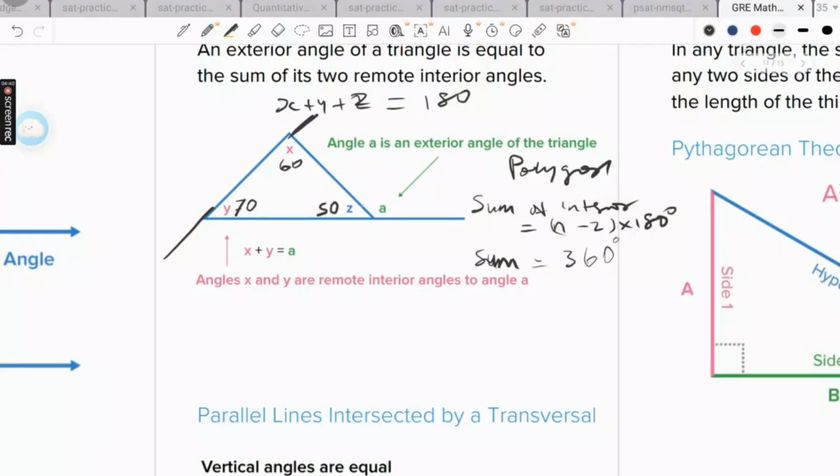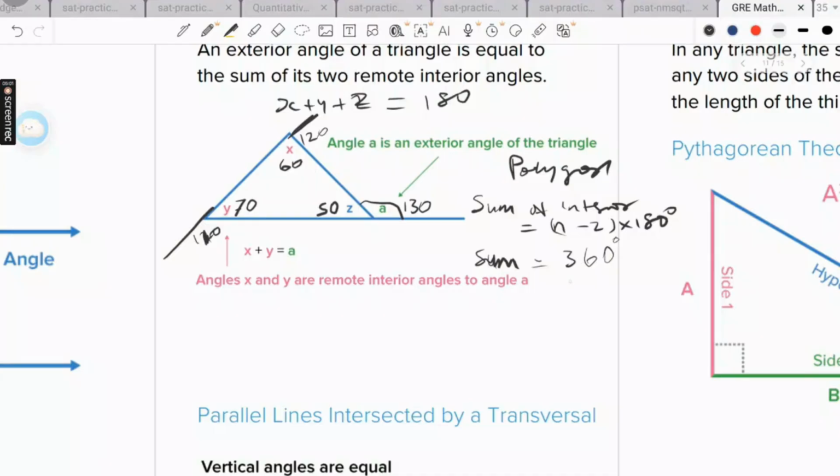Do you notice that the outside here will be 180 minus 50, which is 130? Now outside here will be... no, not 120. 180 minus 70 is 110. Outside here is 110, and outside here is 120.